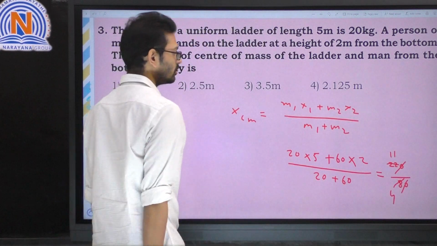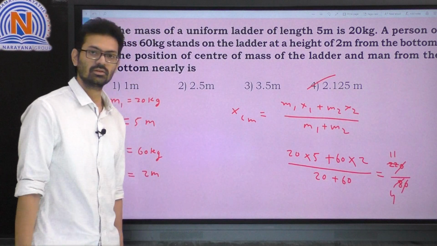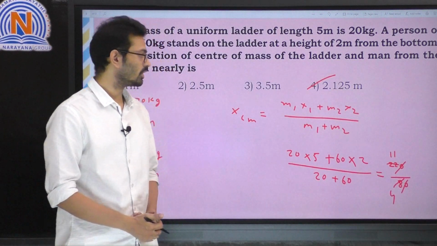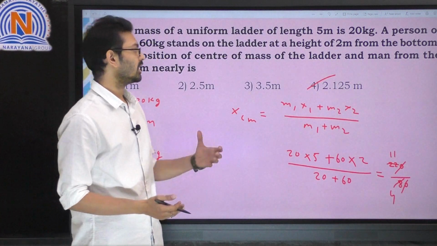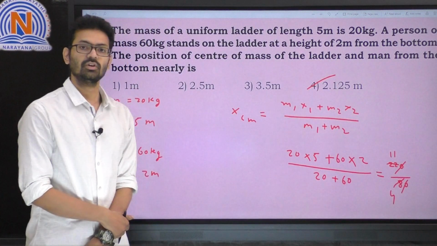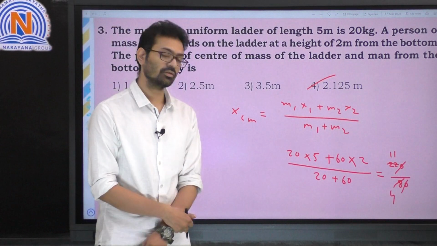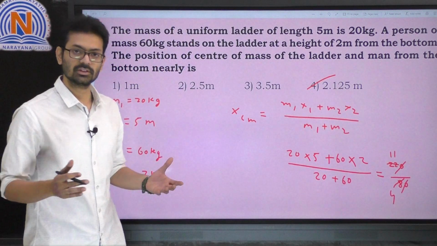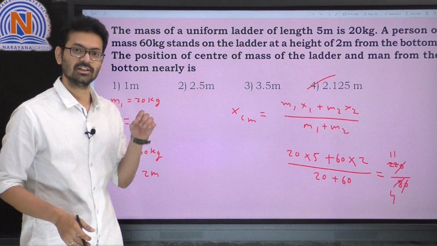So 11 by 4, you would be getting around 2.125 meters. So the center of mass from the bottom of the ladder is 2.125 meters. I hope this is helpful for you, and let us meet in the next assignment. Until then, bye.